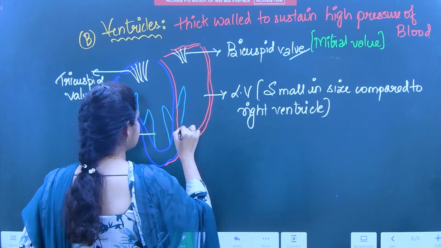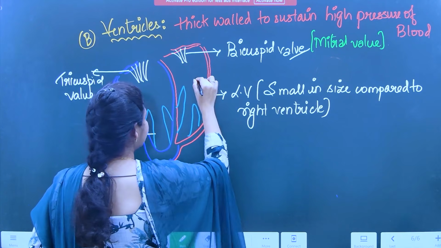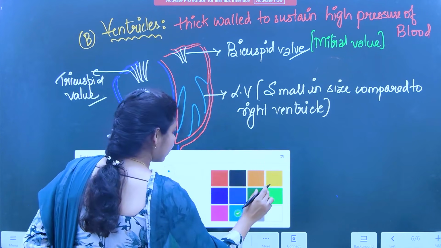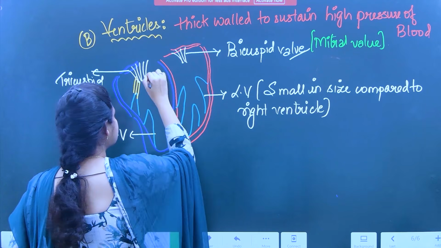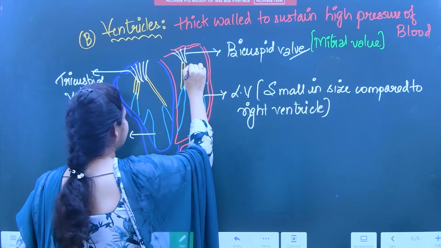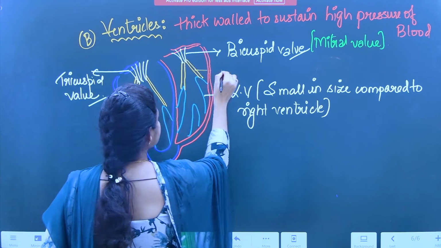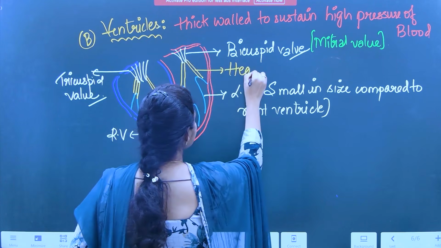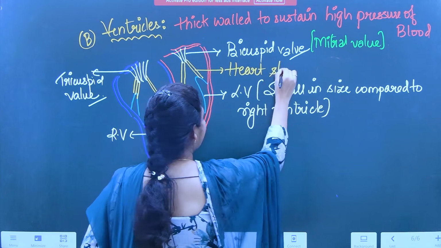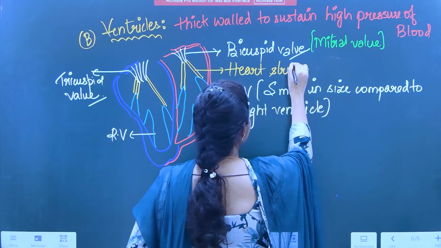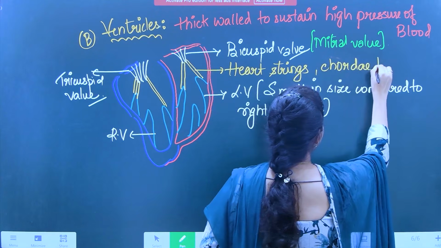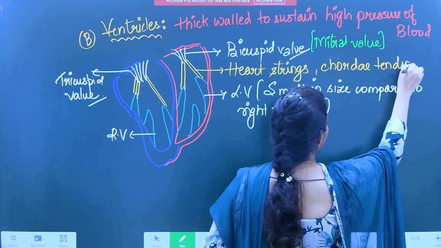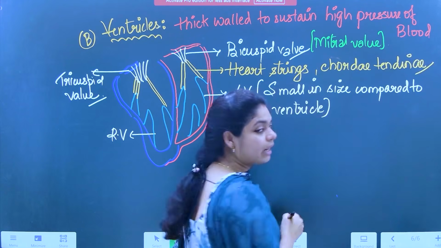Coming to the internal region, inside there are muscles like this. Triangular shaped muscles are there inside the ventricles. These triangular shaped muscles are connected to the AV valves by heart strings, which are also called chordae tendineae.